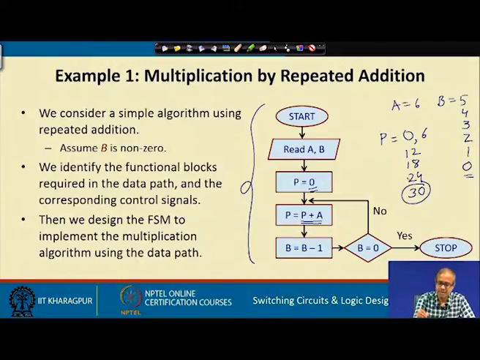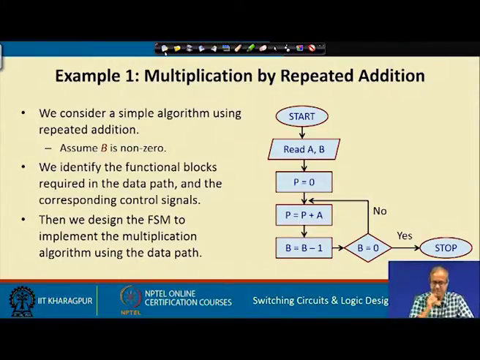Now, it is up to the designer to decide what are the things you require to implement this flowchart. Intuitively speaking, what are the things you need? You need 2 registers to store A and B, you need 1 register to store the product P, and you need an adder circuit. For B equal to B minus 1, you can use a subtractor, but because you are just subtracting by 1, we shall see later that we can use a counter that can count up or count down.